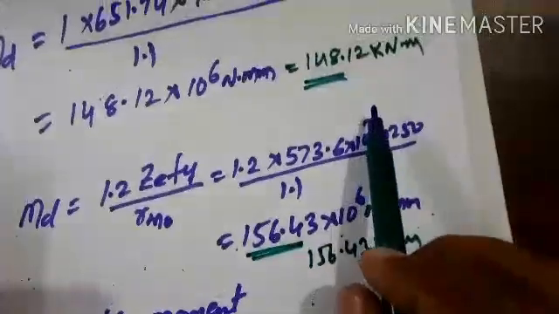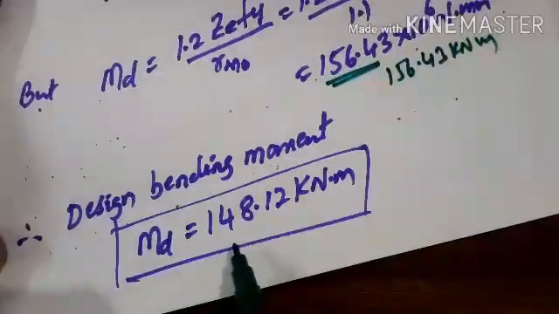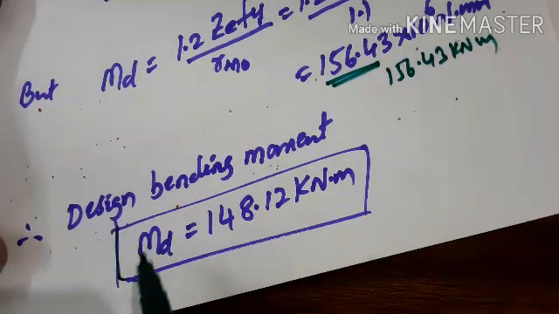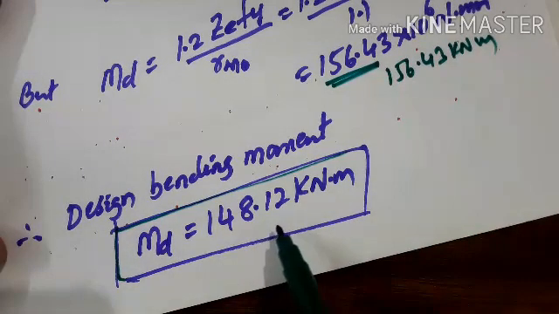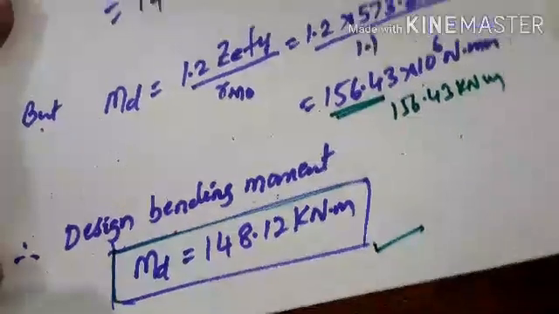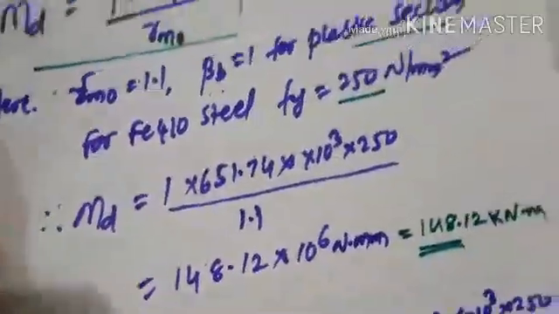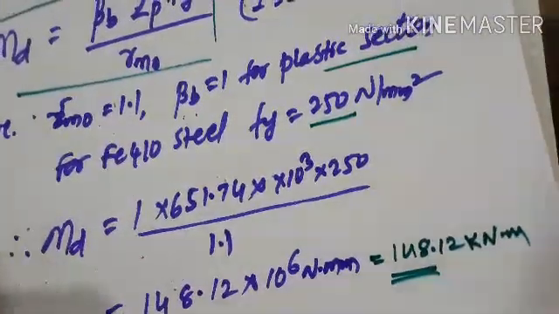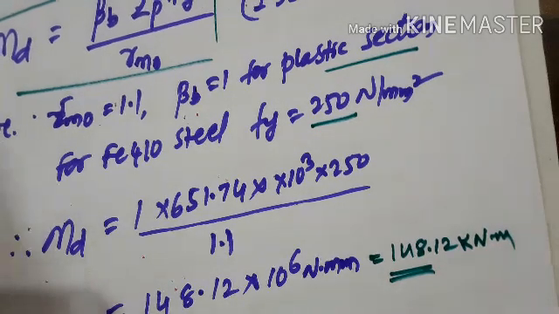Another one is 148.12 kilonewton meter. Whichever is the least, that is the design bending strength: 148.12 kilonewton meter. I hope you understood this one. This is very simple. First we need to take the section properties, then section classification, then based on the classification, we calculate the design bending strength.